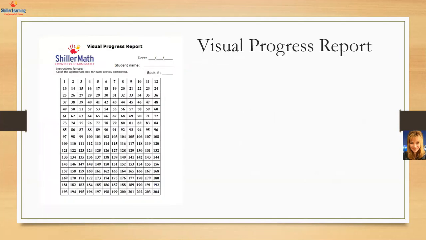Another alternative way for your child to track their work, in addition to that completed worksheet, is the visual progress report. This you can access in your downloads. Earlier in the presentation, we saw where that was, right in with the Educator Helpers.